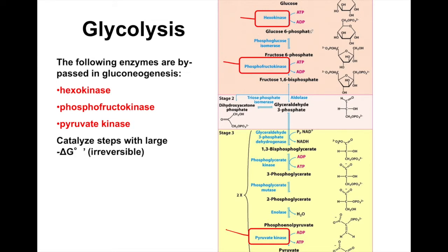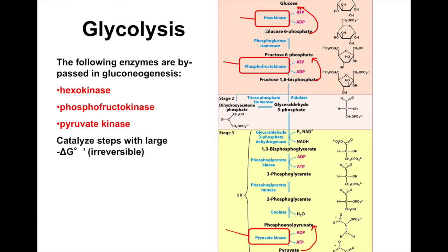So we had to bypass this using a separate enzyme in gluconeogenesis. We had to bypass this step using a separate enzyme in gluconeogenesis, and we had to bypass this step using 2 enzymes. To get from pyruvate to phosphoenolpyruvate, we had to use 2 steps to overcome the step catalyzed by pyruvate kinase.